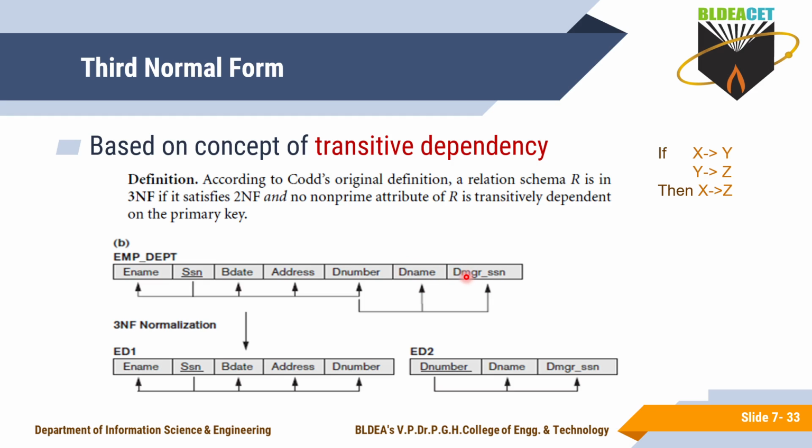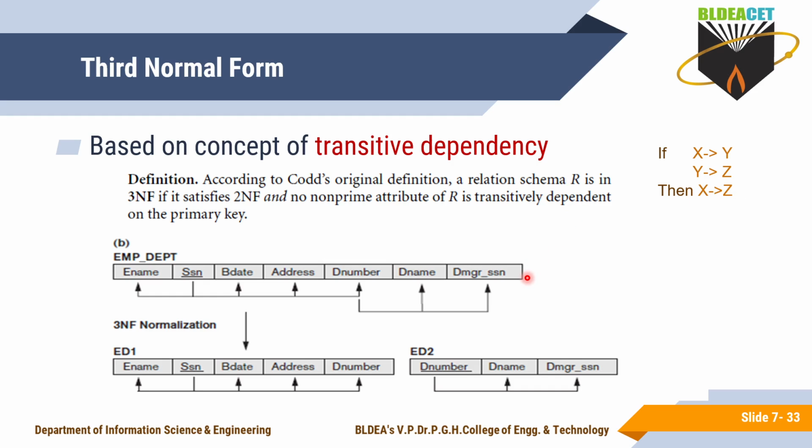These two are the Z and these two attributes are dependent on Y. By applying the transitive dependency, I can tell that D name and manager SSN are functionally dependent on SSN, like this. X determines Z here. X is your SSN and Z is your D name and manager SSN.